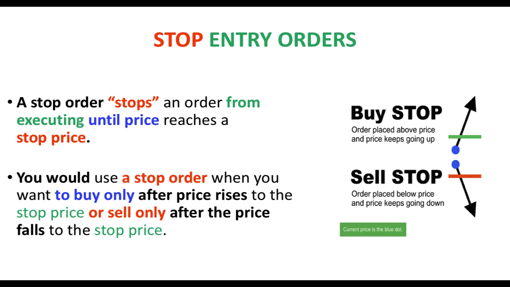The opposite is the same for sell stop. Considering the blue dot as the current price of the market and then the red line as our entry, in this case is our stop entry order.